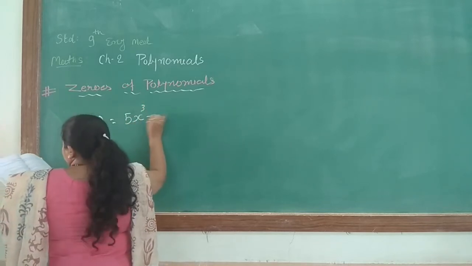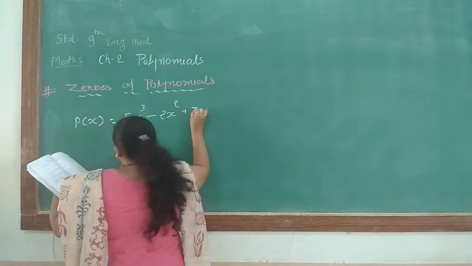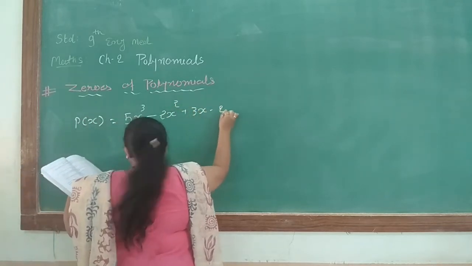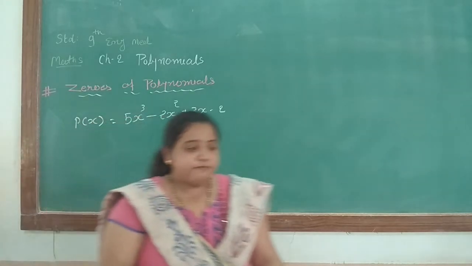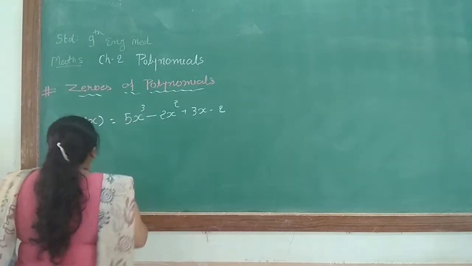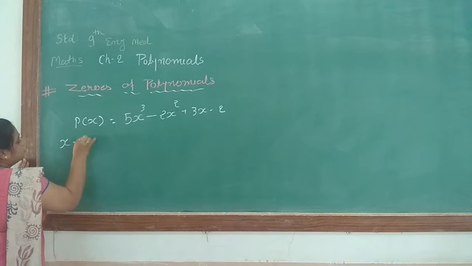X cube minus 2x square plus 3x minus 2. Now, if we replace x by 1, we have to put x equals 1.